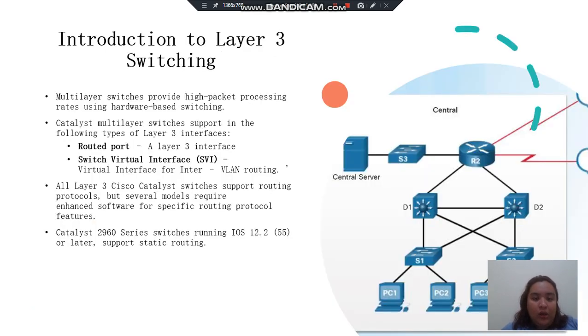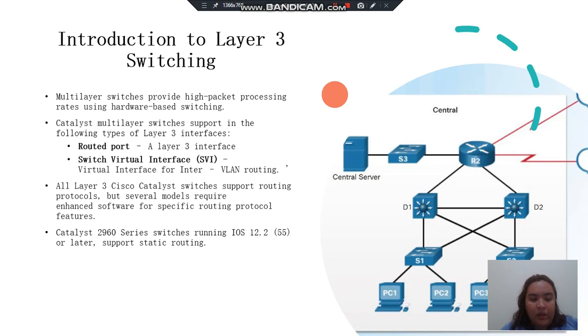So, introduction to layer 3 switching. Multilayer switches provide high packet processing rates using hardware-based switching. Catalyst multilayer switches support the following types of layer 3 interfaces: a routed port, which is a layer 3 interface, and a switch virtual interface, or SVI, which is a virtual interface for inter-VLAN routing.